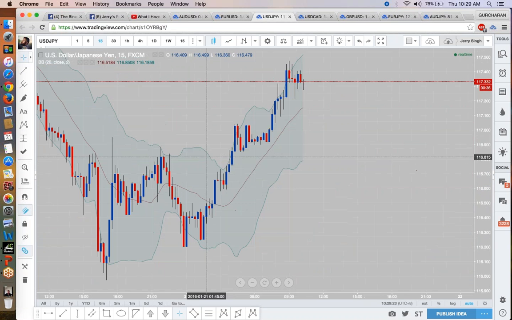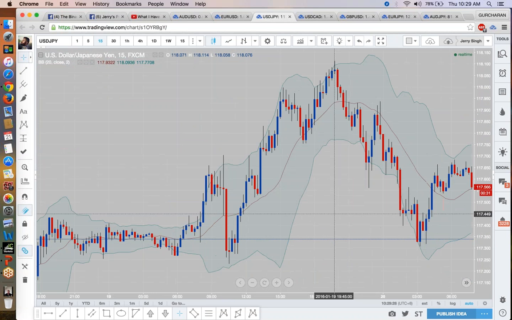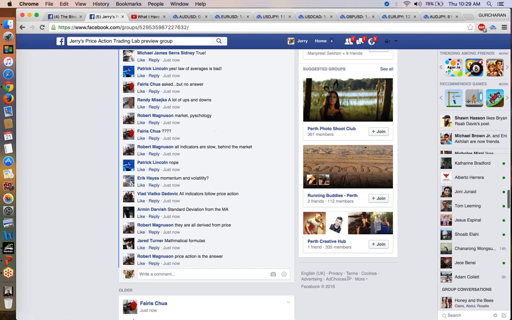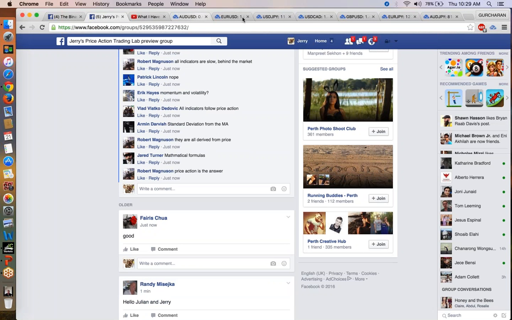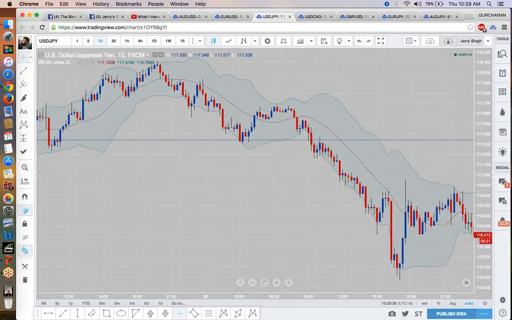Now, do you guys understand that these Bollinger Bands are just a derivation from the standard price? Yes or no? These are just a derivation using a simple mathematical formula.